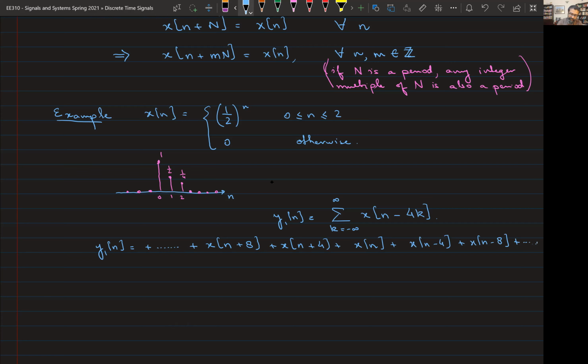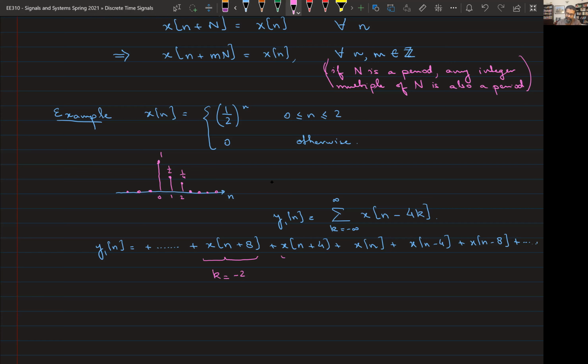So this term actually corresponds to what value of k? Can you try to analyze? What value, k equals minus 2? Excellent, right? So this is k equals minus 2.